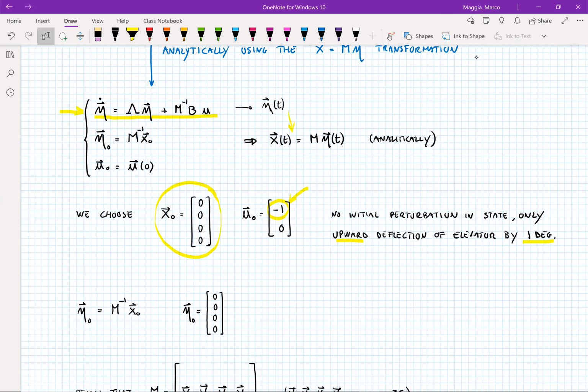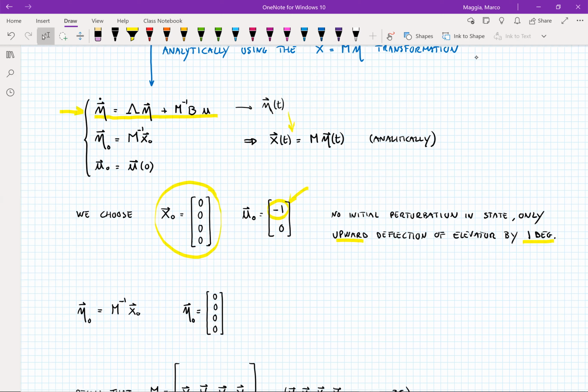Of course, if it was in radians, you would have to apply a transformation to make everything in radians. And in the handout, there is something like that. Actually, in the handout, you'll see that the original A and B matrices are provided in radians, and a transformation is applied to go from radians to degrees.